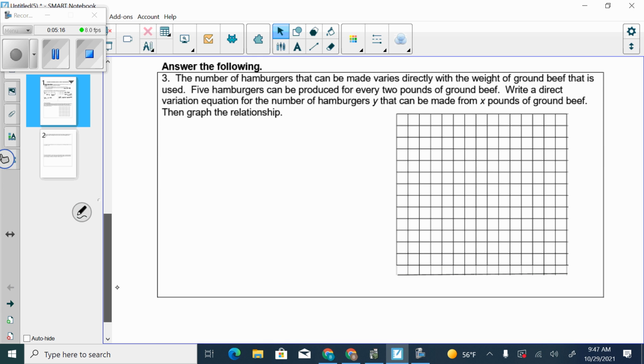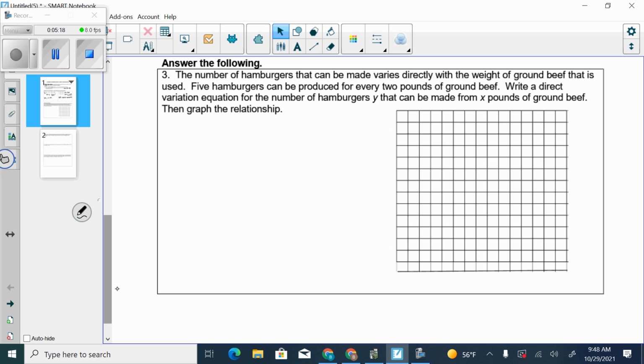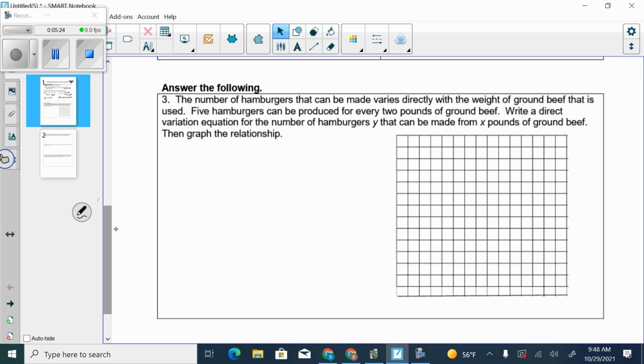Okay, so it says that we need to come up with some line, and then we're going to use this information up here to decide what's representing our x's and what is representing our y's. So they told us that it varies directly, which automatically should let us know that we have a b value of 0 or a y-intercept at 0.